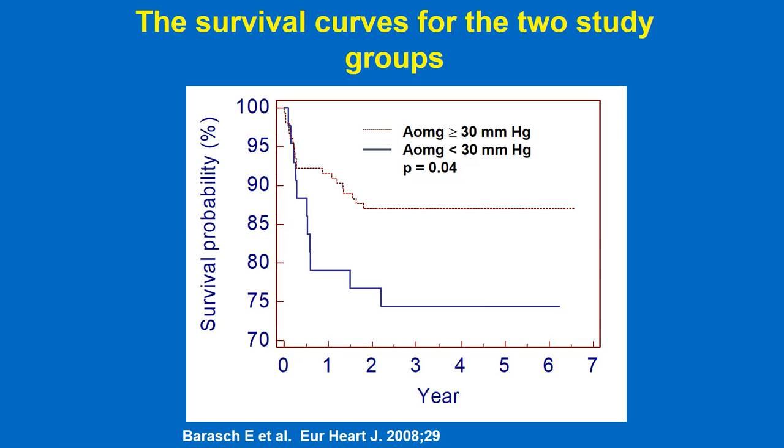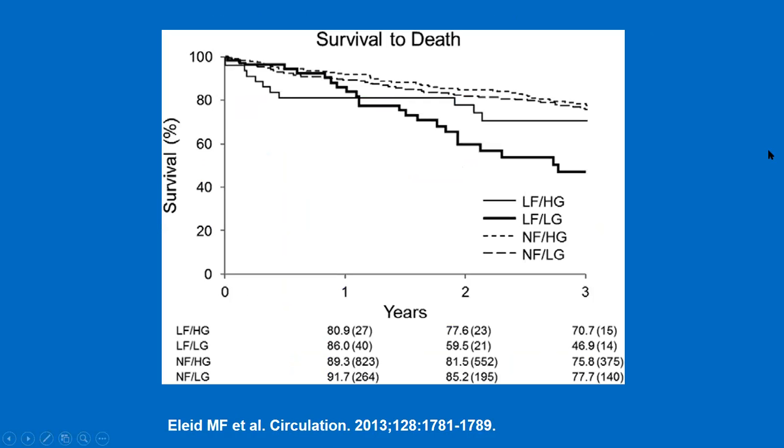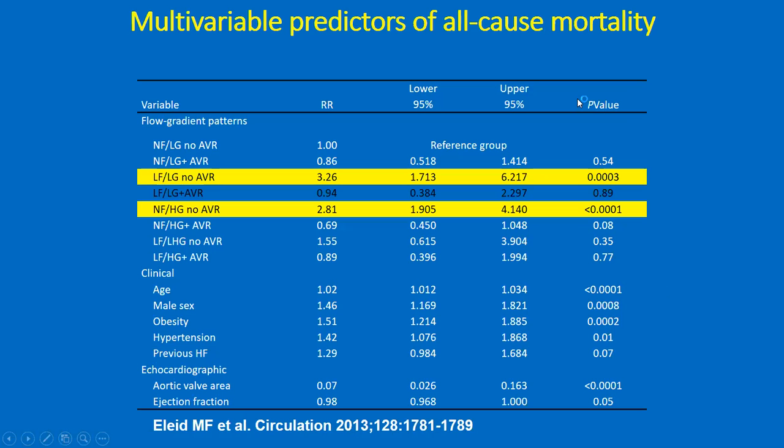This is survival probability at 5 years, about 75% compared with almost 88% in those who have more than 30 millimeter mercury. Mayo Clinic reported similar results. Patients with low flow, low gradient have poorer prognosis than other categories.